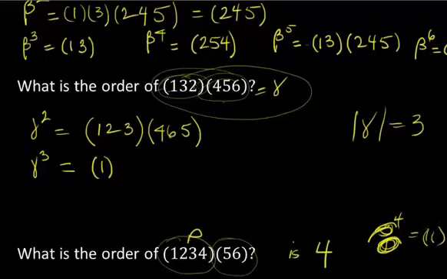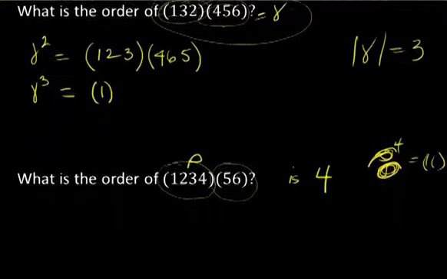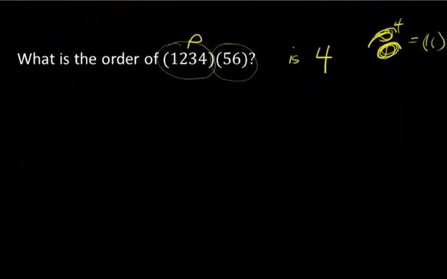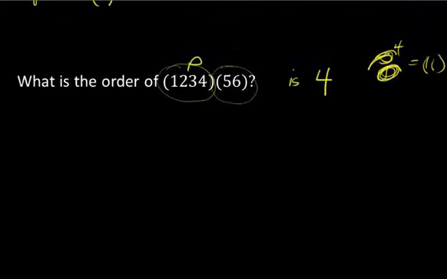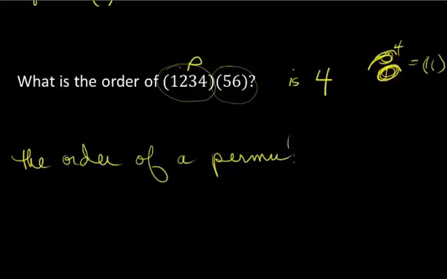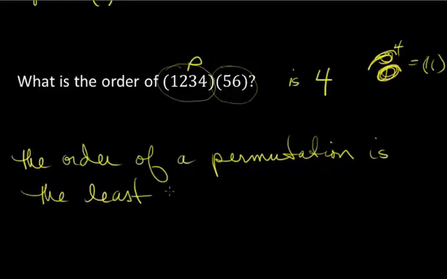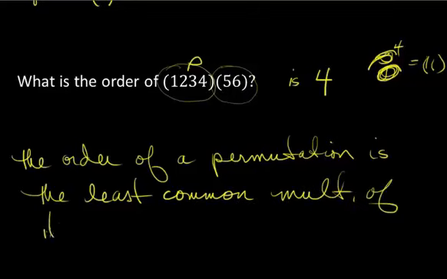And in general, how do you think we could generalize this? Well, the order of a permutation is the least common multiple of its cycle lengths.